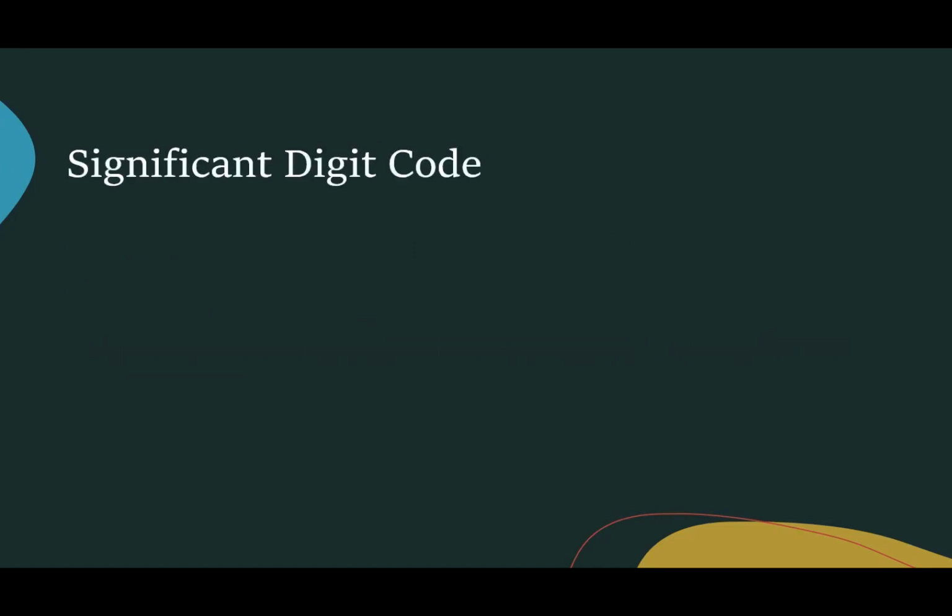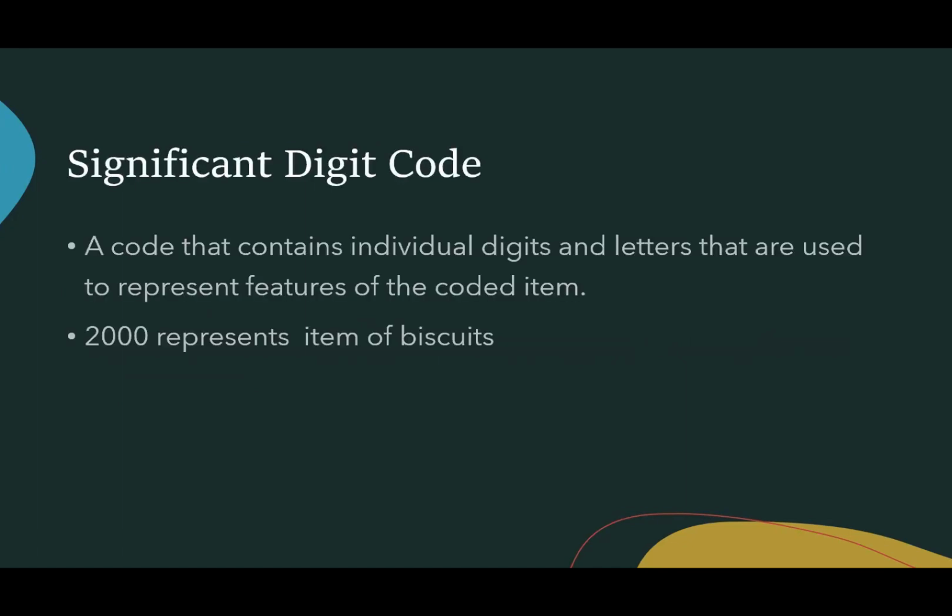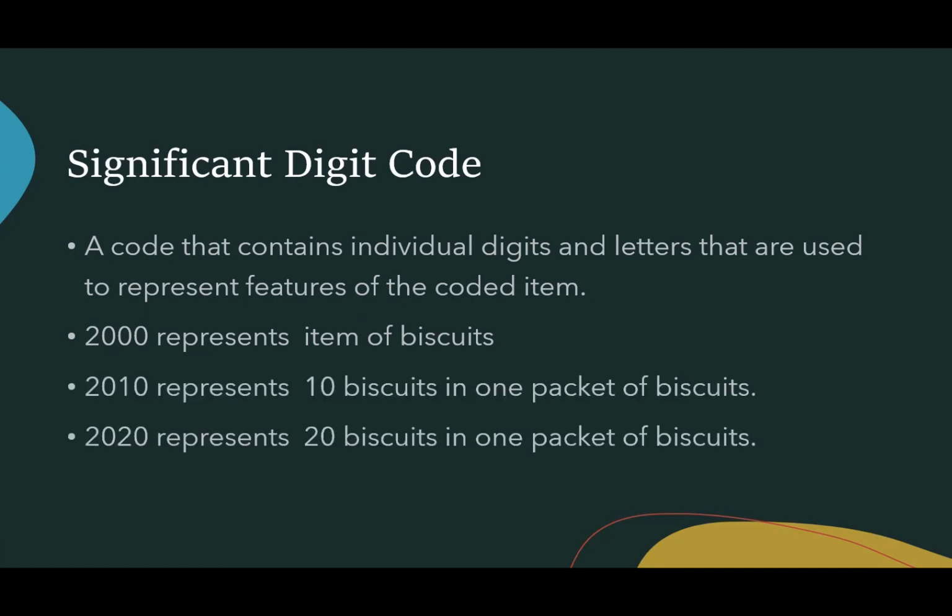Then you have your significant digit code. For instance, if I say 2000 represents the item of biscuits which you're using to make the cake, and it becomes 2010 or 2020, it means there are 10 biscuits in one packet, or 20 biscuits in one packet.